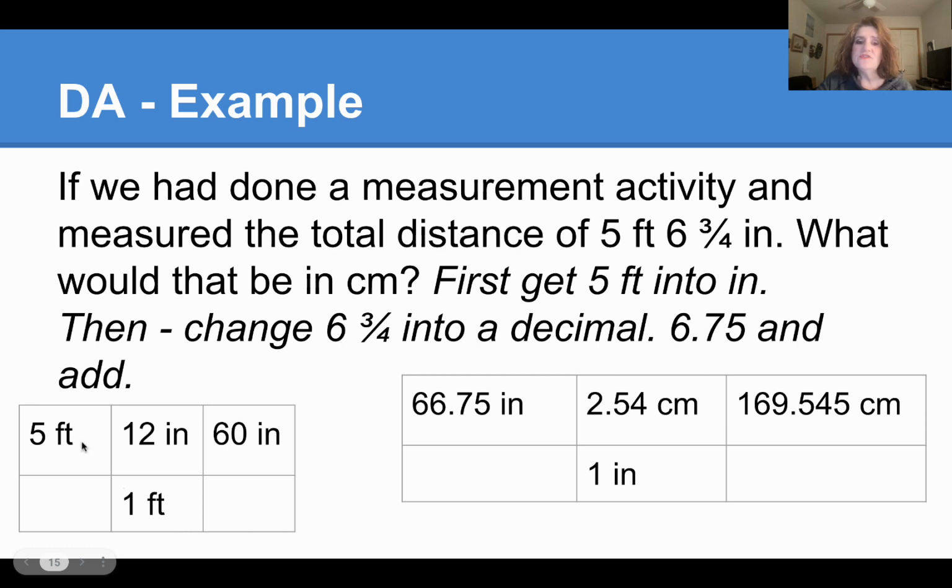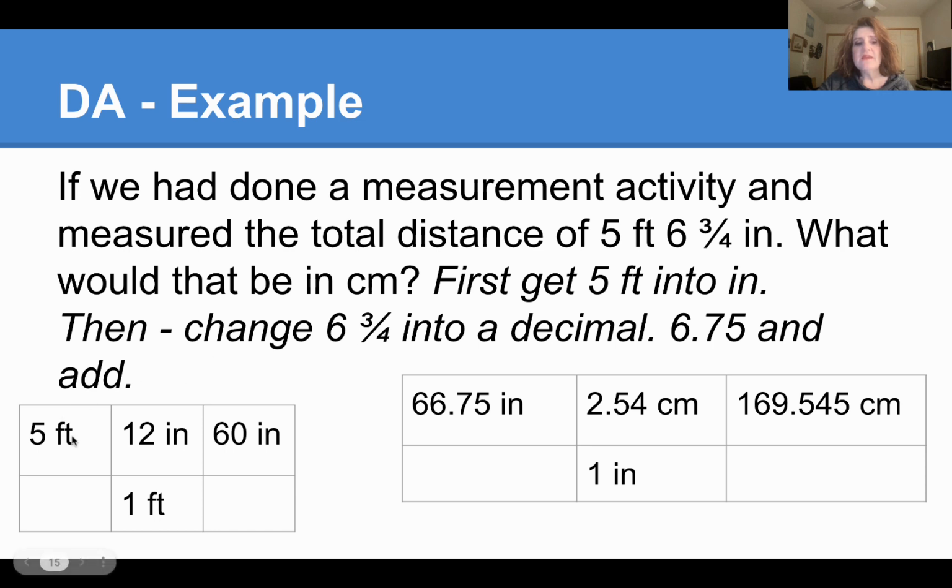In order to do that, you have to dimensionally analyze, which means you've got to get rid of the feet. You multiply by 12 to get 60 inches. Then we need to change our 6 3/4 into a decimal, which would just be 6.75, and add. So we have a total of 60.75 inches, and we need that in centimeters.